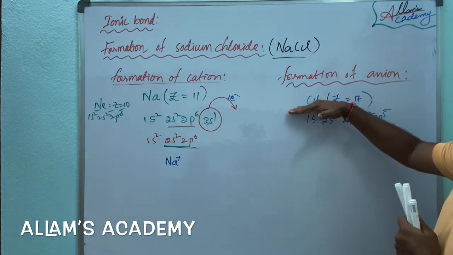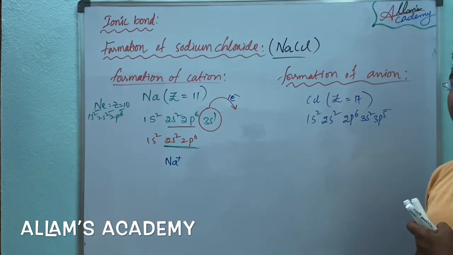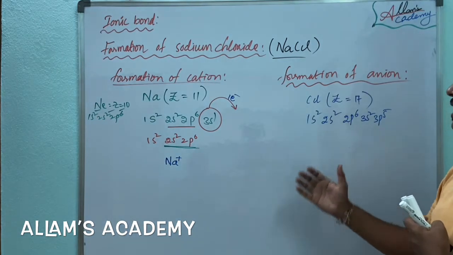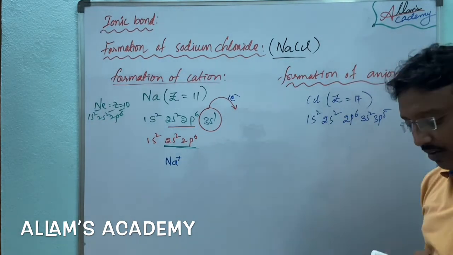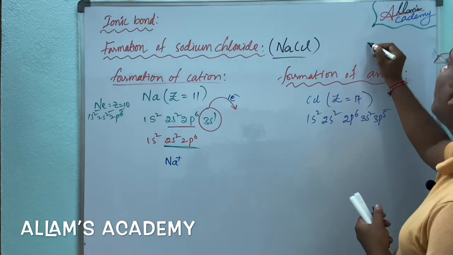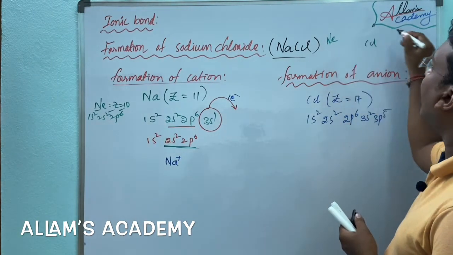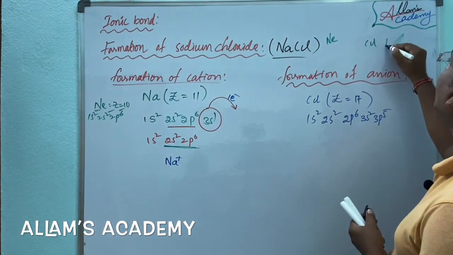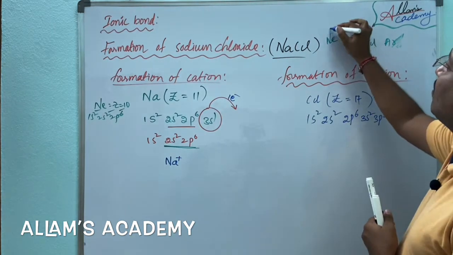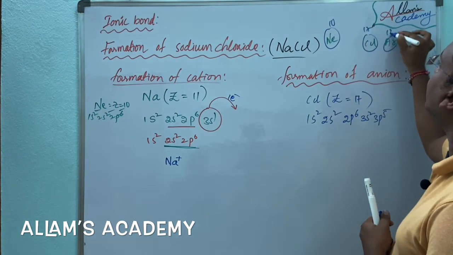So chlorine is ready to get a stable electronic configuration, its nearest noble gas electronic configuration. Which is the nearest noble gas? Here is neon with atomic number 10, chlorine with atomic number 17, and argon with atomic number 18.